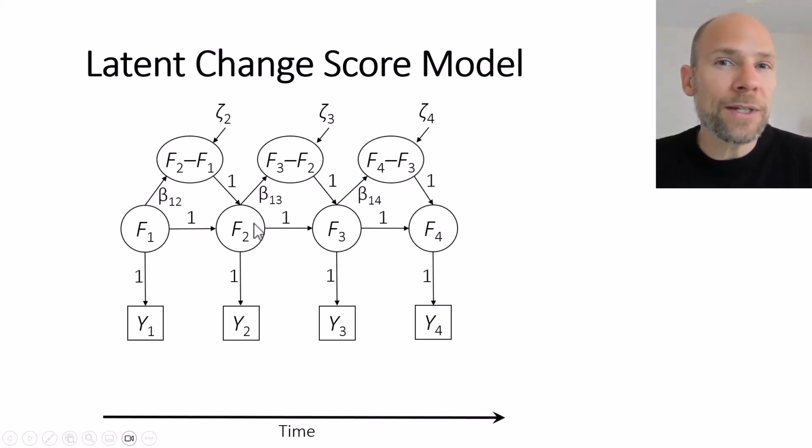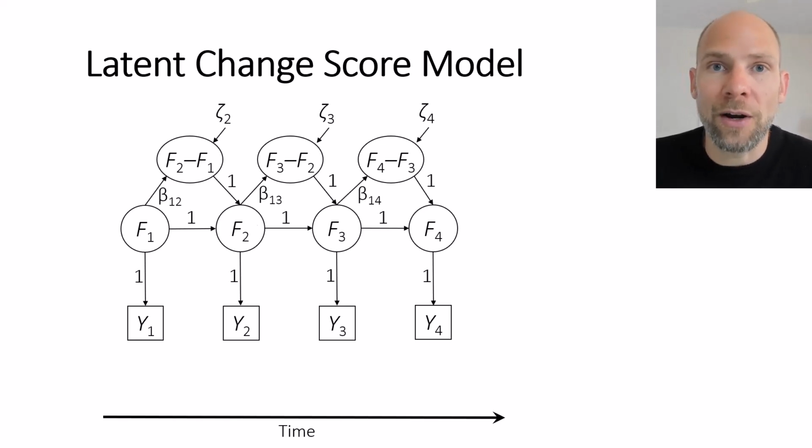So you can see one difference here between this model and the latent growth curve model is that there are multiple slope factors, so to say, or multiple change factors, one for each pair of time points, so that we can model changes for each of these intervals. So it makes it a little bit more flexible, and change doesn't have to be linear.